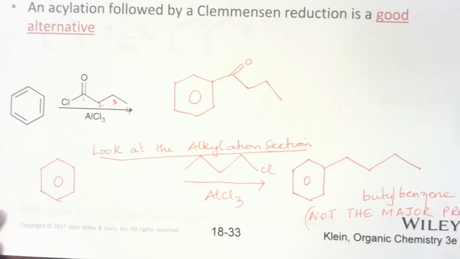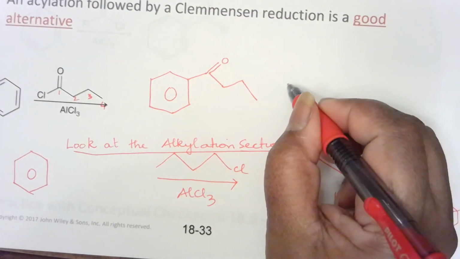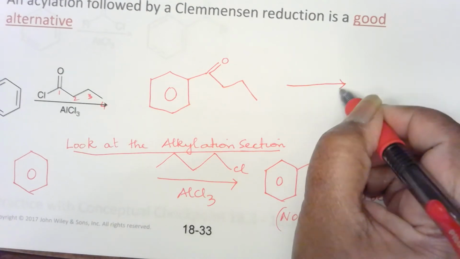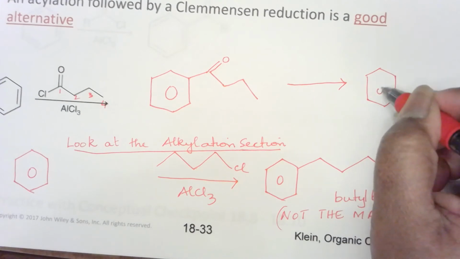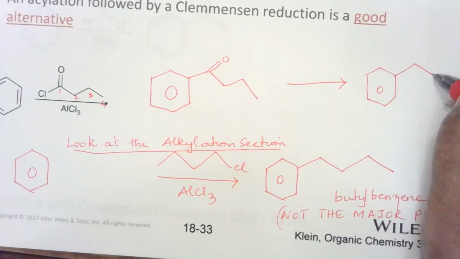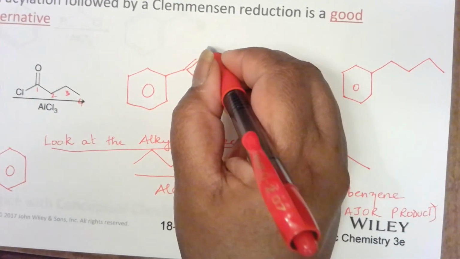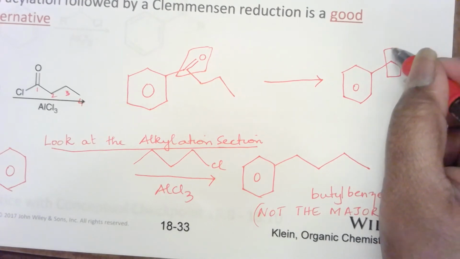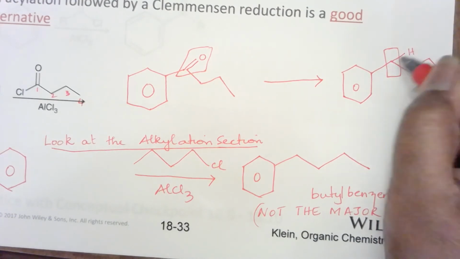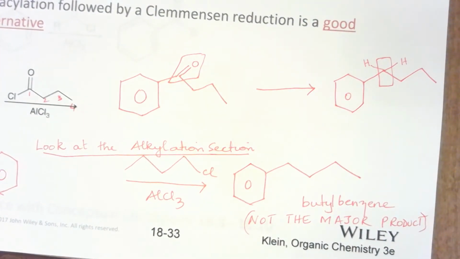And then to make the butyl benzene, see that? This group must undergo reduction. You have a hydrogen and a hydrogen. The carbonyl group must be reduced.